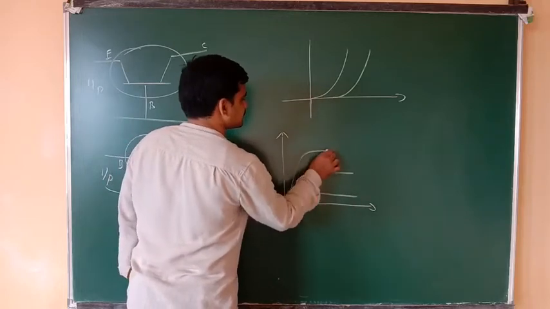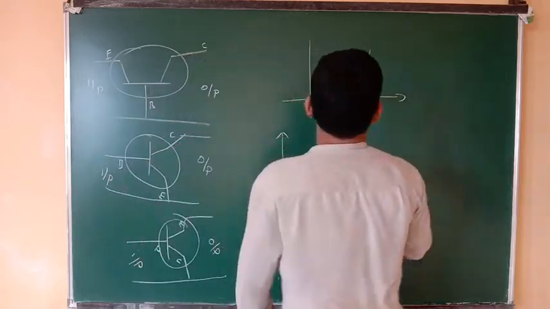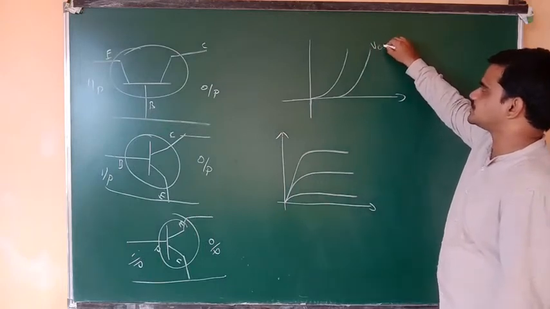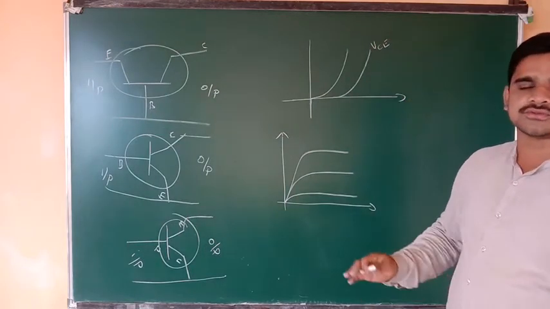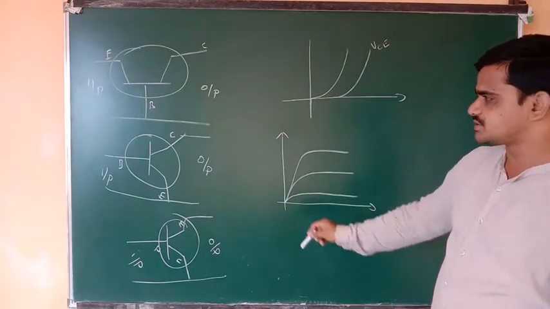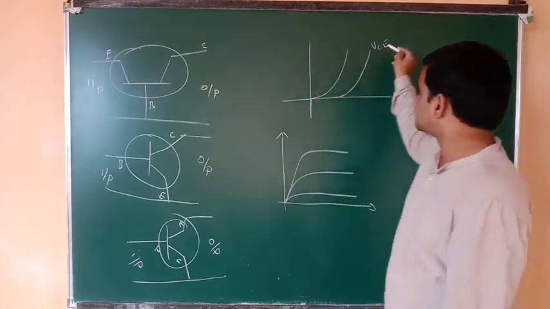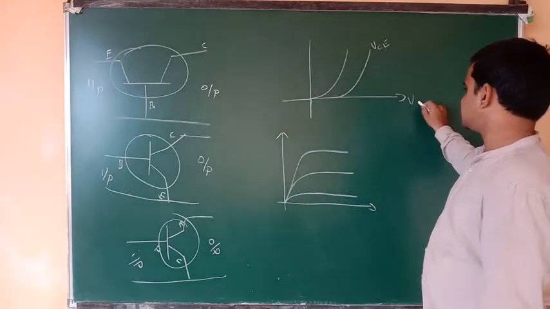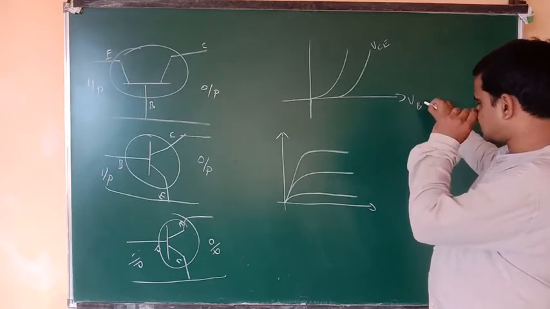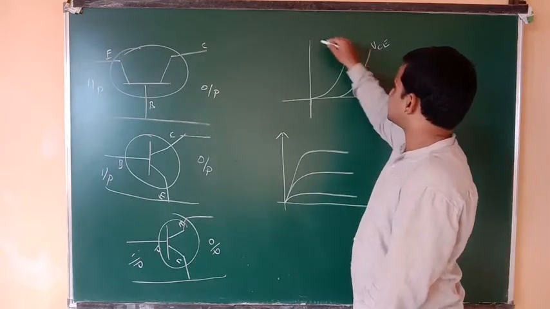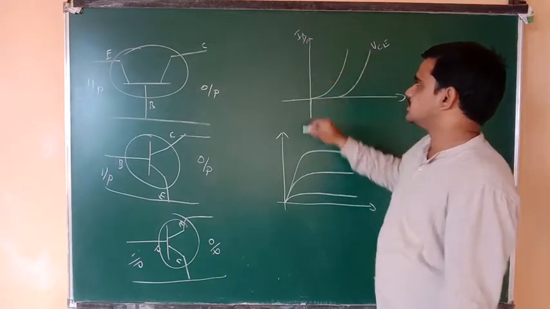While studying the input characteristics, the output voltage is kept constant, because the output voltage is measured between the emitter and collector. By changing the input voltage, we measure the input current, that is the base current, and we have drawn the graph.